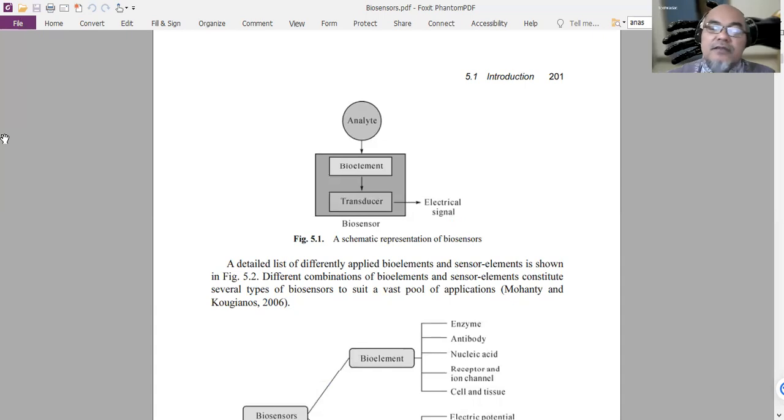An antibody only binds to the specific antigen, which it recognizes through the molecular structure. DNA also, through its specific sequence, will only bind to the complementary sequence.